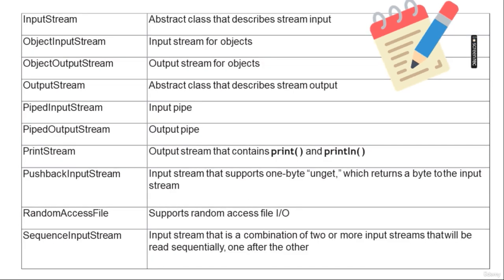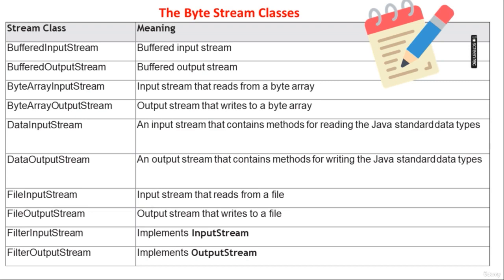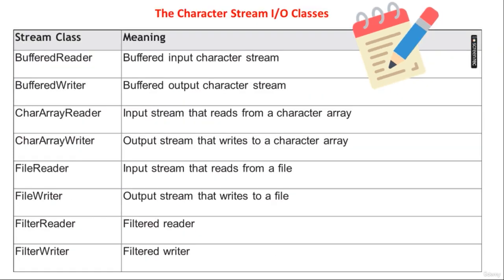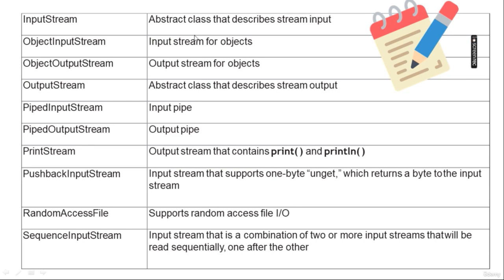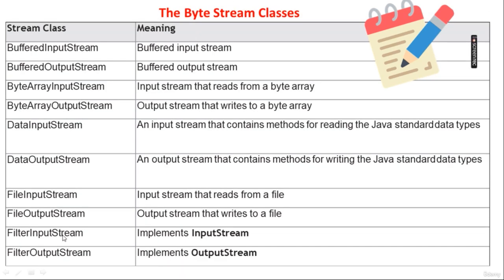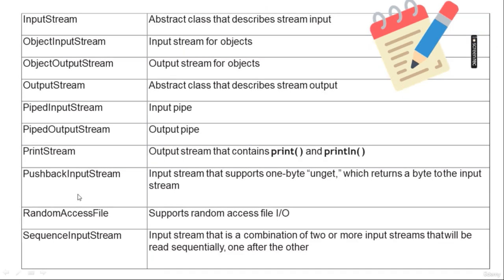Input stream is the abstract class that describes the stream input, and this class is implemented by filter input stream. In the same way, output stream is the abstract class implemented by filter output stream. Object input stream is the input stream for objects, and the output stream for objects is object output stream.